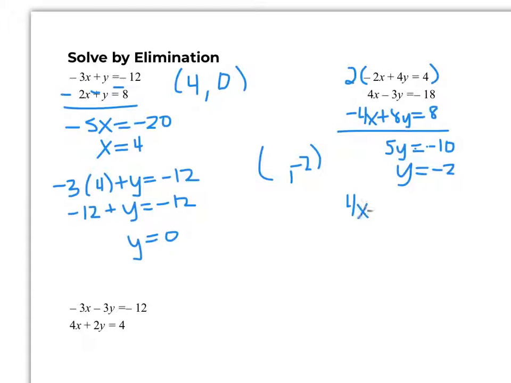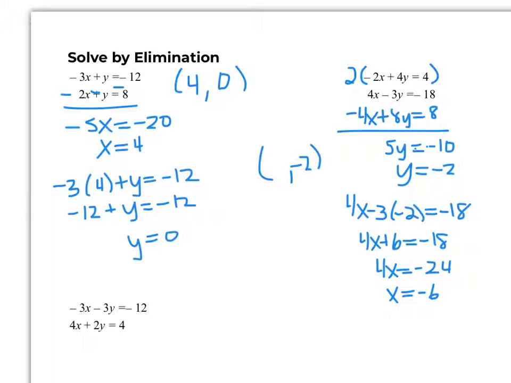So 4x minus 3 times negative 2 equals negative 18. So 4x plus 6 equals negative 18. 4x equals negative 24 and x equals negative 6. So negative 6, negative 2.